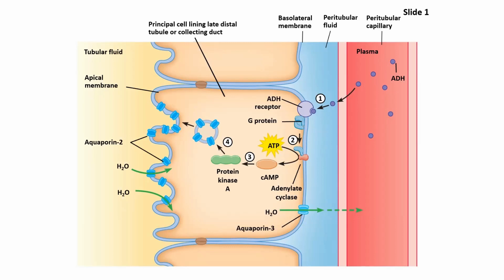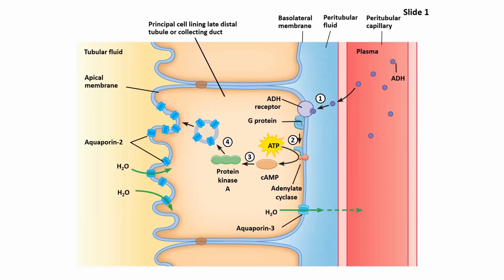This is a metabotropic receptor, so it's going to follow the similar principles that we described for these slow, metabotropic receptors. It's going to be coupled to a G protein that changes its shape such that one of the subunits dissociates off. It's going to activate adenylate cyclase, which is our amplifier enzyme, and that is going to generate our second messenger. So adenylate cyclase creates cyclic AMP, which is our second messenger.